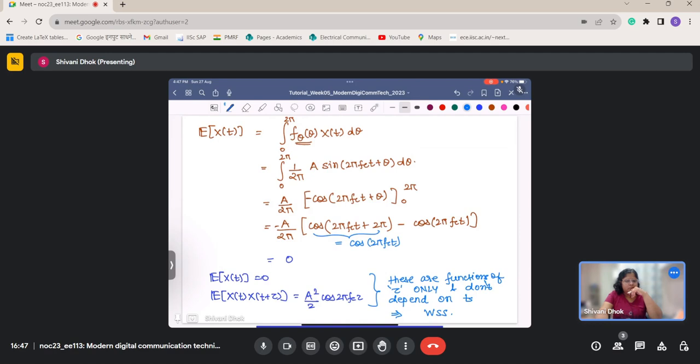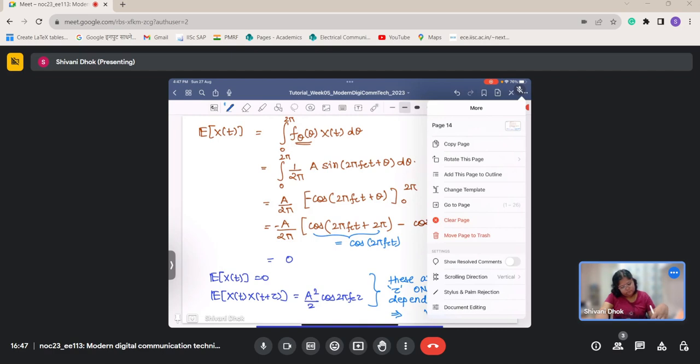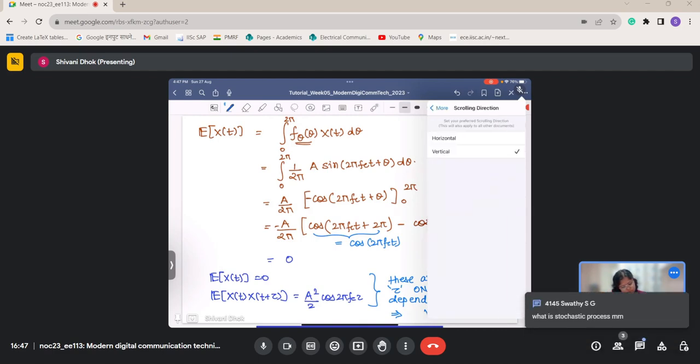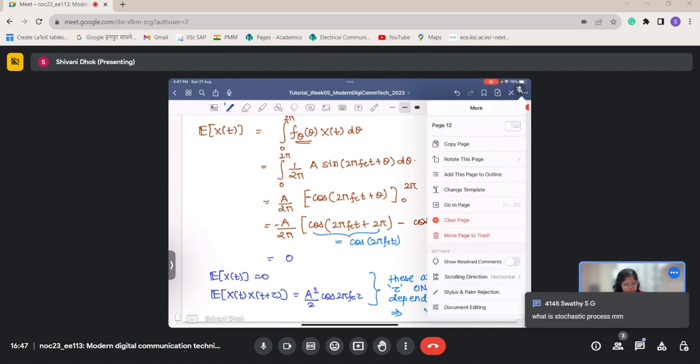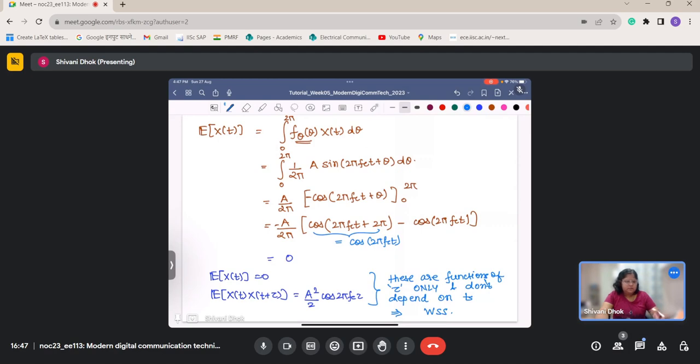Any questions here? A stochastic process, you can say that at every time instant I have a random variable. It is a function which varies with time, and its amplitude is A, like at every time instant it acts as a random variable.